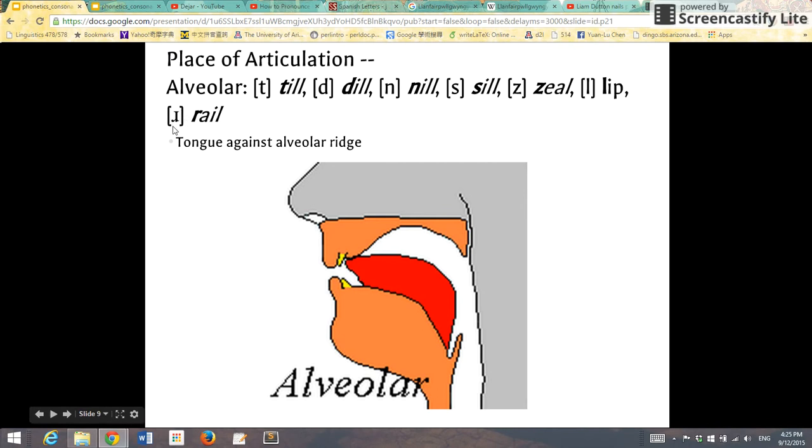This upside down R is the sound for rail. Sometimes for simplicity we use the regular R, but this is not really standard. The real IPA is this upside down R. Okay. For alveolar, for this sound rail.